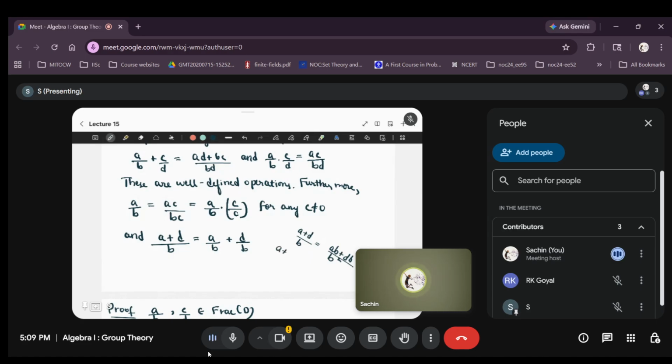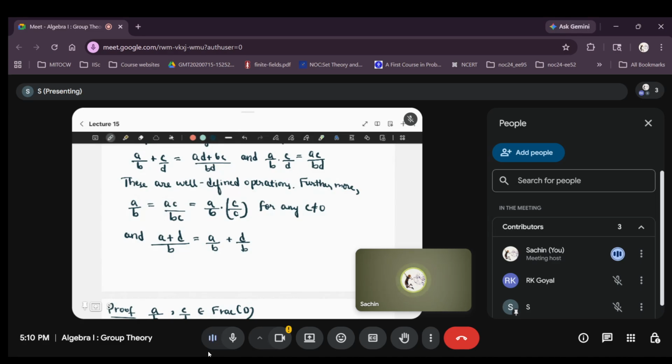This is true because a plus d into b square is ab square plus db square, and ab plus db into b is also ab square plus db square. So the common rules that we see in integers hold for this fraction set also.